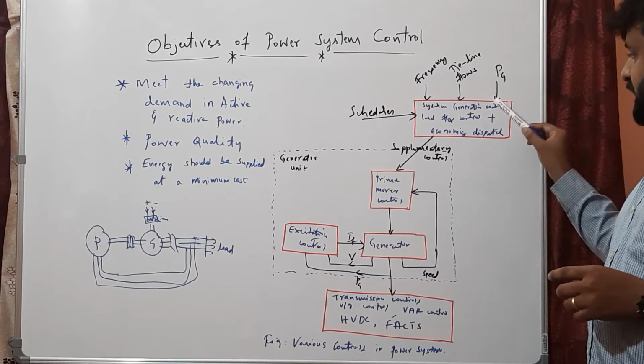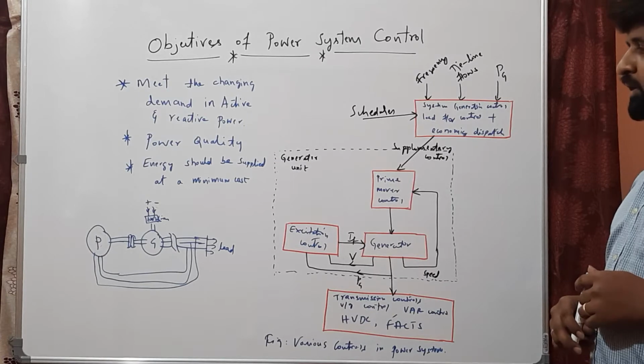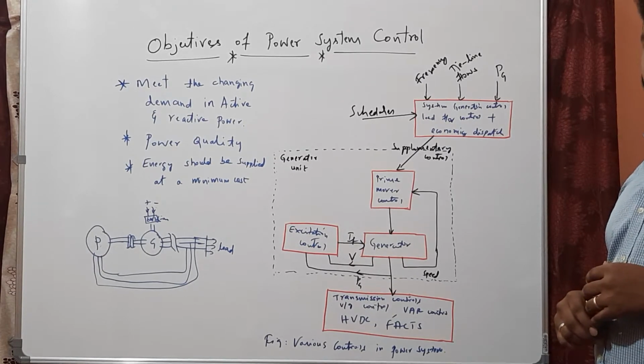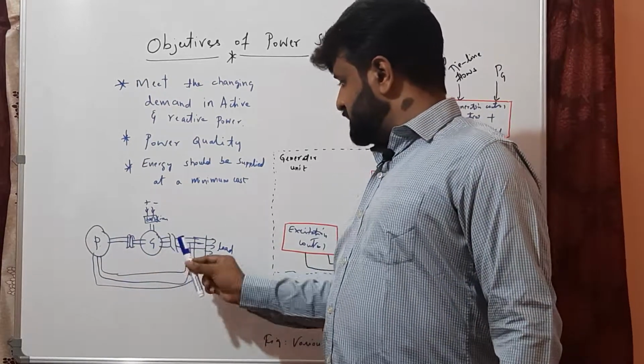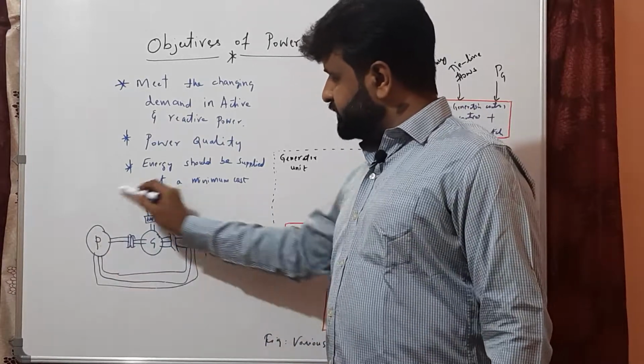This diagram represents the various controls in a power system. Imagine we have the network. The network means there is a prime mover and generation, then transmission and load. This is a setup we can observe in the power plant.